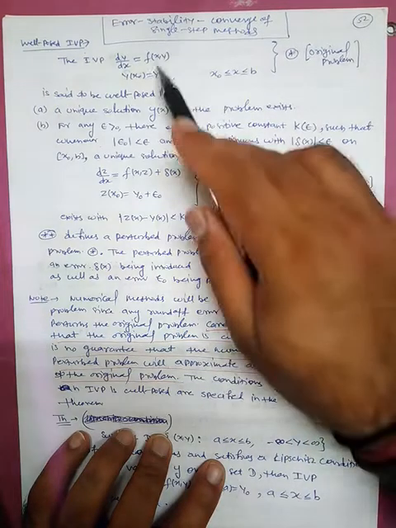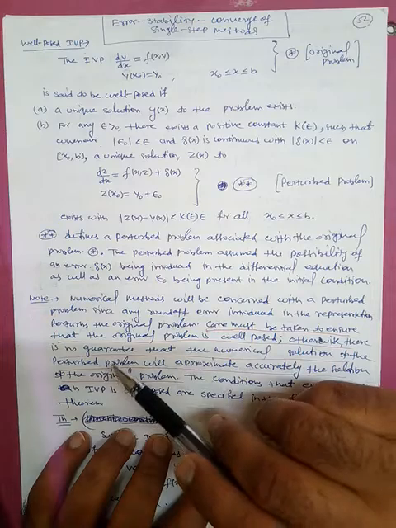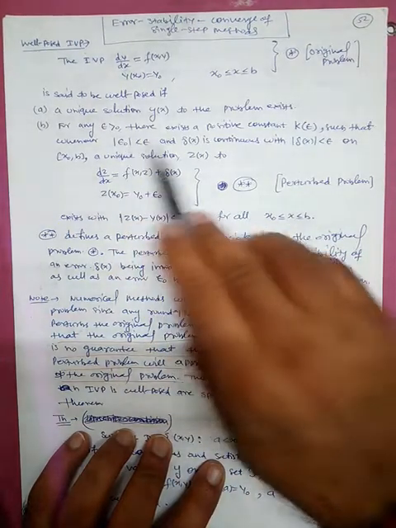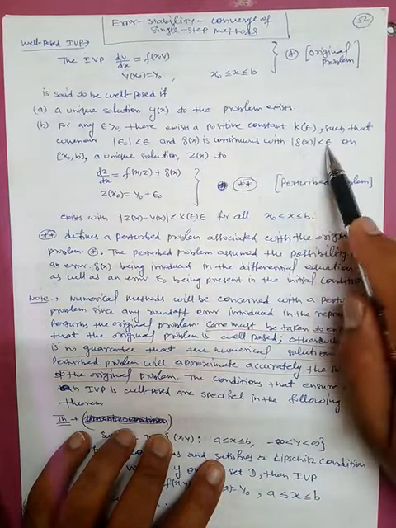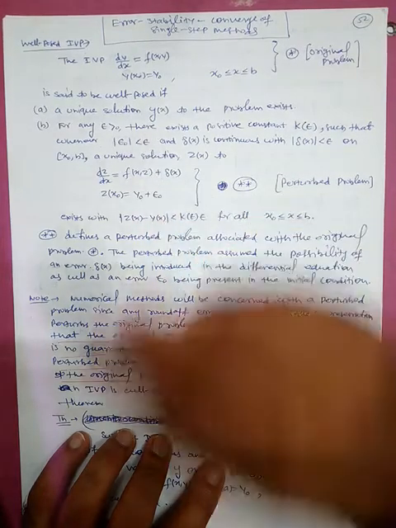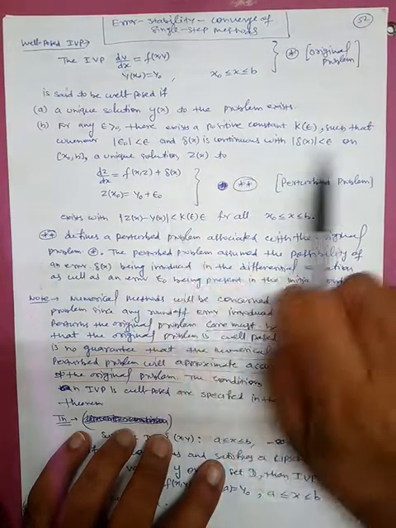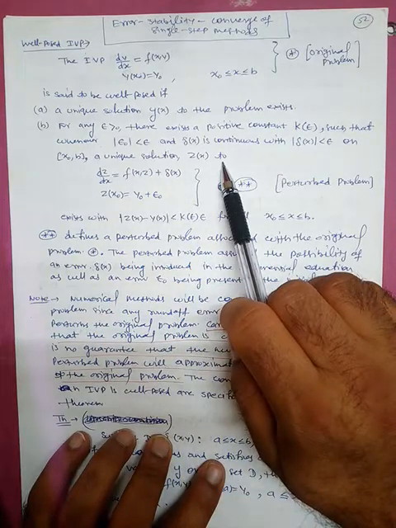If this problem is well posed, then it has a unique solution, and under these conditions this error is bounded. Similarly, the error in the initial condition is also bounded. When both are bounded, then this perturbed problem also has a unique solution.